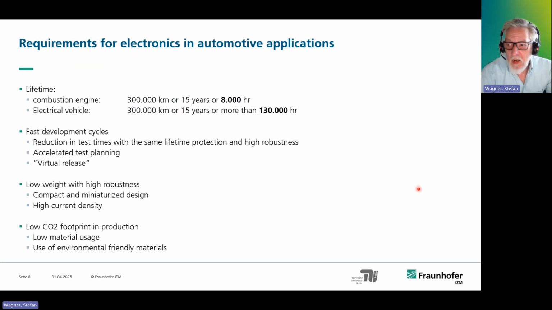On this slide, I will show you a few very rough requirements of electronics in automotive applications. This list is not complete, however, it already shows a few major challenges. First of all, lifetime. In combustion engines, the parameters are 300,000 kilometers or 50 years or 8,000 hours.